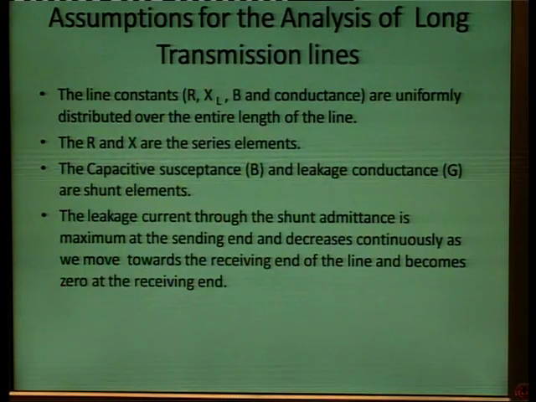The capacitive susceptance B and the leakage conductance G are the shunt elements. The leakage current through the shunt admittance is maximum at the sending end and decreases continuously as we move towards the receiving end, and it becomes 0 at the receiving end.